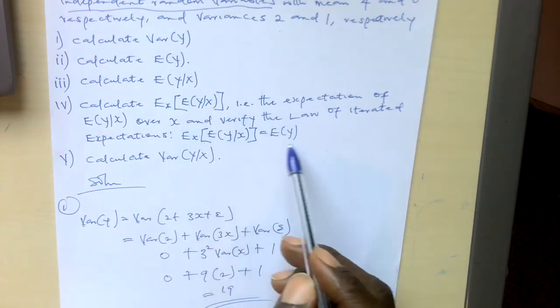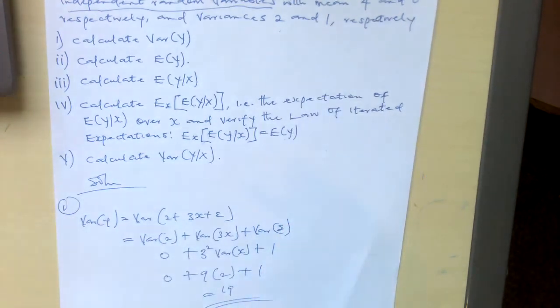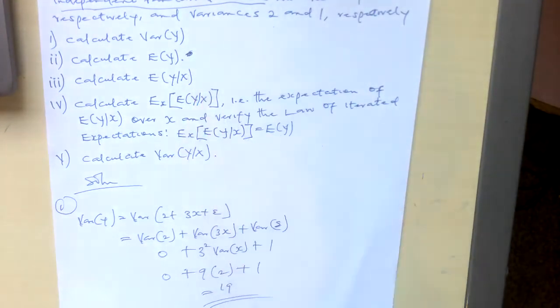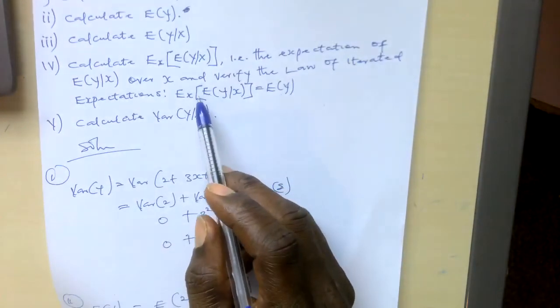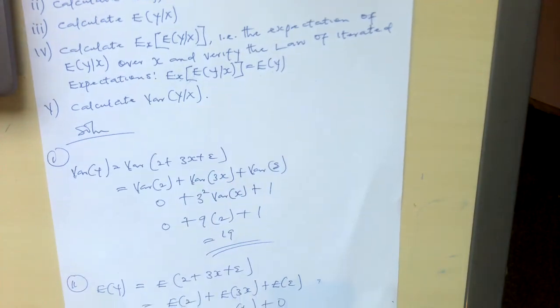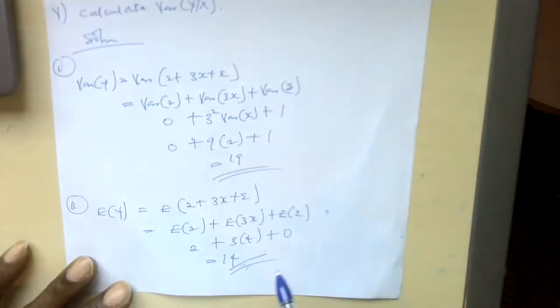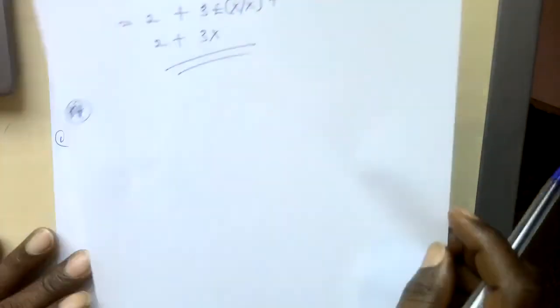Verify that this is equal to this. So we need to prove that this equals 14, the expected value of y, which we've done before, right? So now let's go.